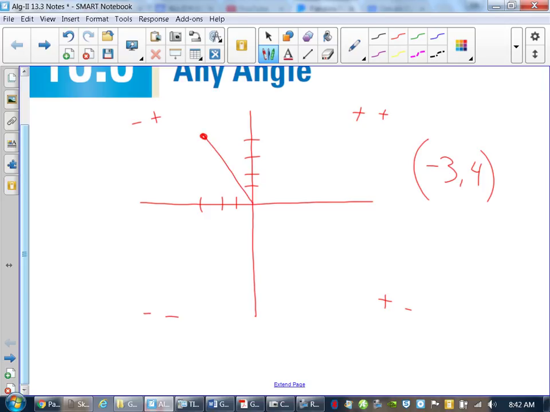And it creates a right triangle, which puts your hypotenuse where? 5. Okay. So obviously I threw in one real quick here with 3, 4, 5.